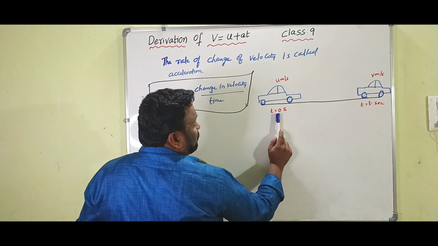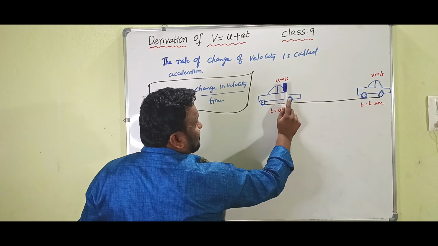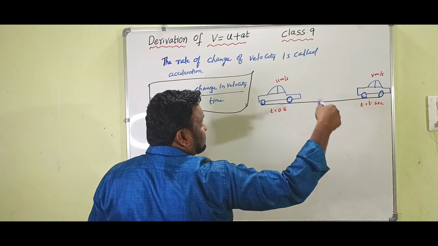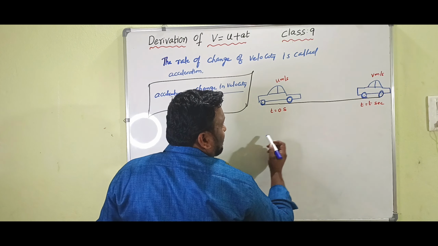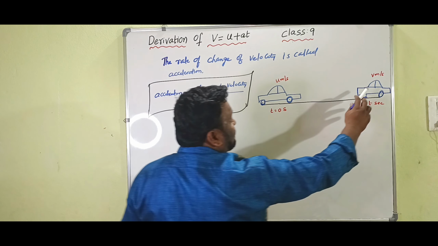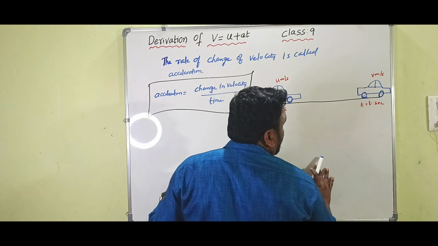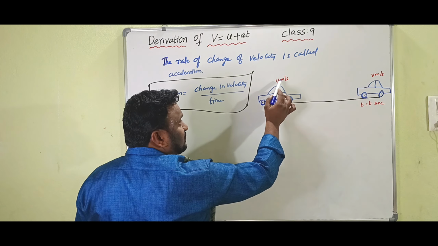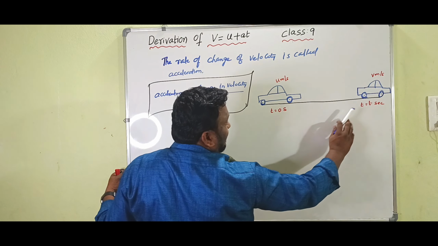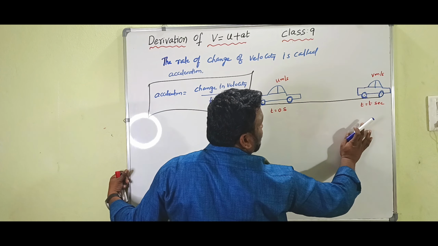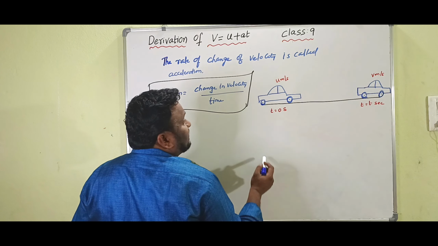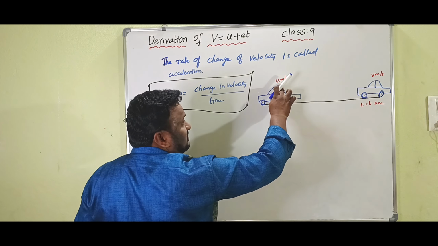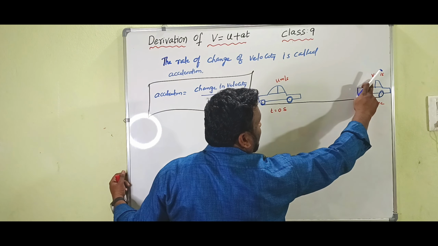When the time is 0, the velocity is u meter per second, and when it is in motion, after time t seconds its velocity becomes v. Clear? When the time is 0 seconds, the velocity of the car is u meter per second. After time t seconds its velocity becomes v. In this motion of the car, u is the initial velocity and v is the final velocity.